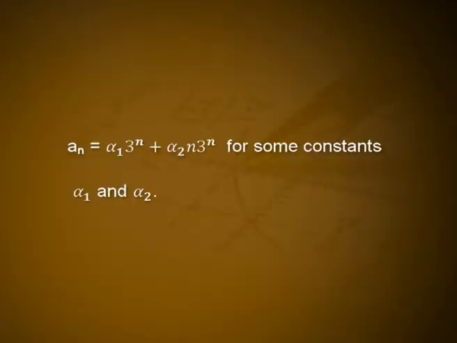Hence, the solution to this recurrence relation is an is equal to alpha 1 into 3 raised to n plus alpha 2 into n into 3 raised to n for some constants alpha 1 and alpha 2. Using the initial conditions, it follows that a0 is equal to 1 is equal to alpha 1, a1 is equal to 6 is equal to alpha 1 into 3 plus alpha 2 into 3.